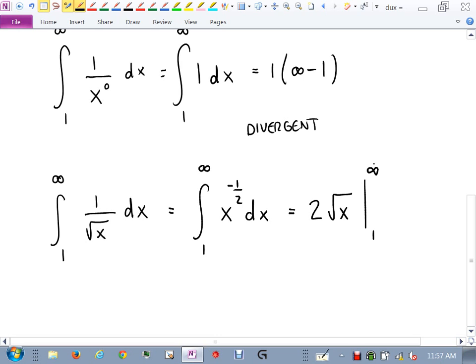Square root of infinity is infinity, times 2 is still infinity. Take away some number, right? Still infinite. This is going to then what? Diverge. Diverges, because this is infinite.